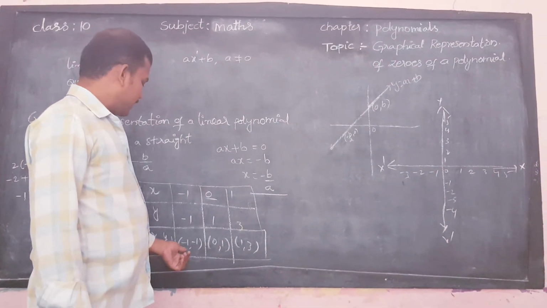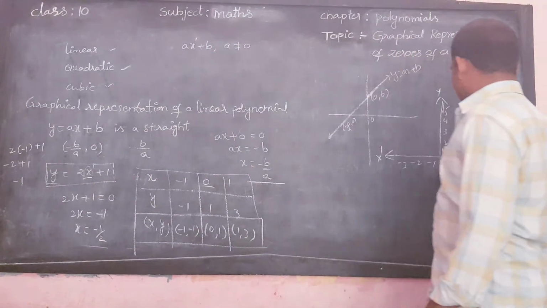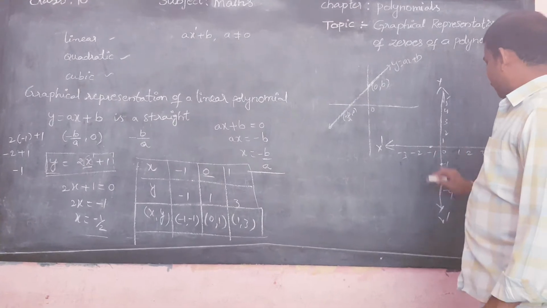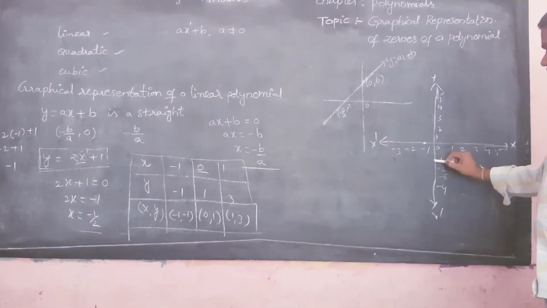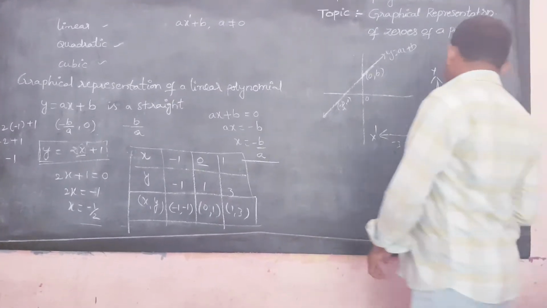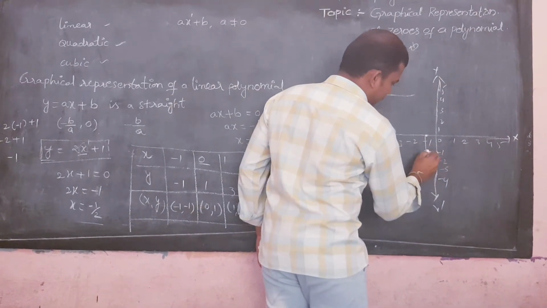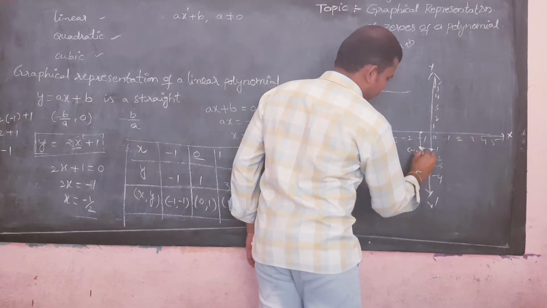The first pair is minus 1, minus 1. Minus 1 on the x-axis and minus 1 on the y coordinate, so the intersect point is minus 1, minus 1.